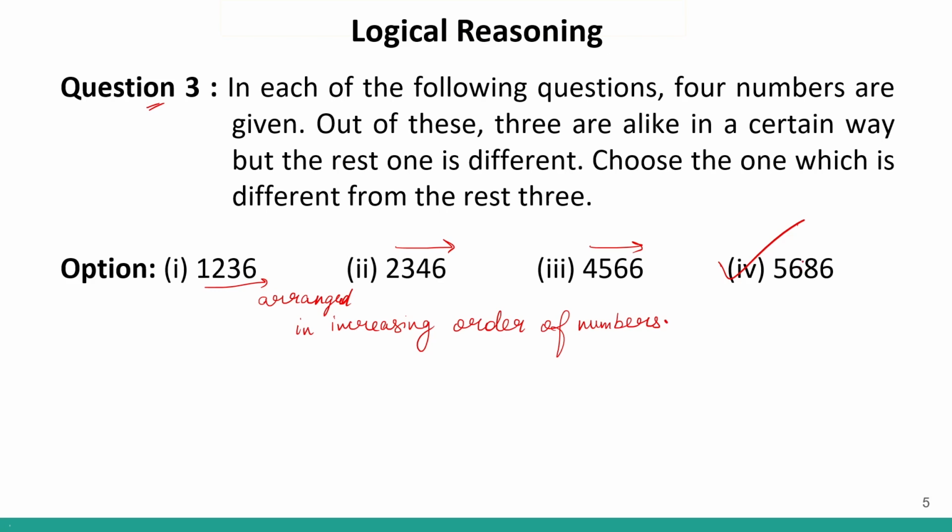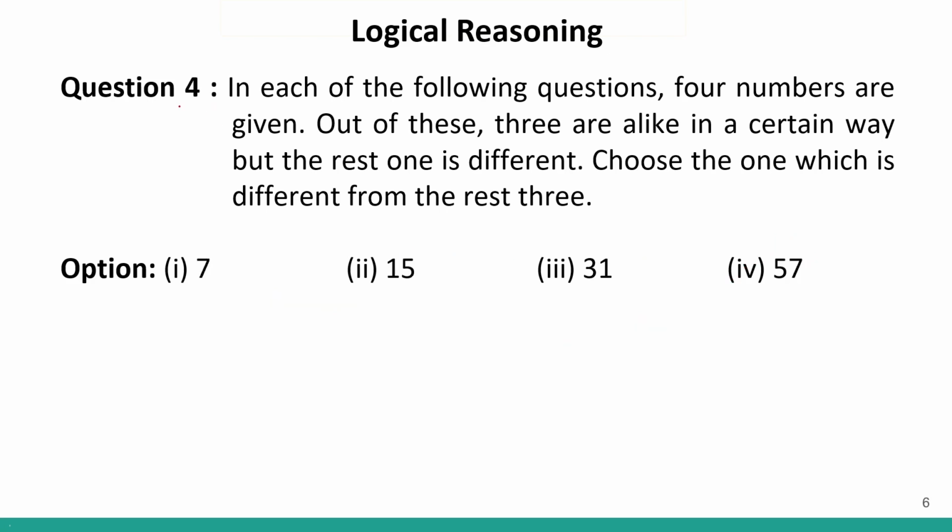Okay? Now, question number 4. We have 7, 15, 31 and 57. I can see these numbers are very close to perfect cubes. 8 is a perfect cube, correct? Similarly, I can see this is not a perfect cube, but 8 is actually 2 raised to the power 3.